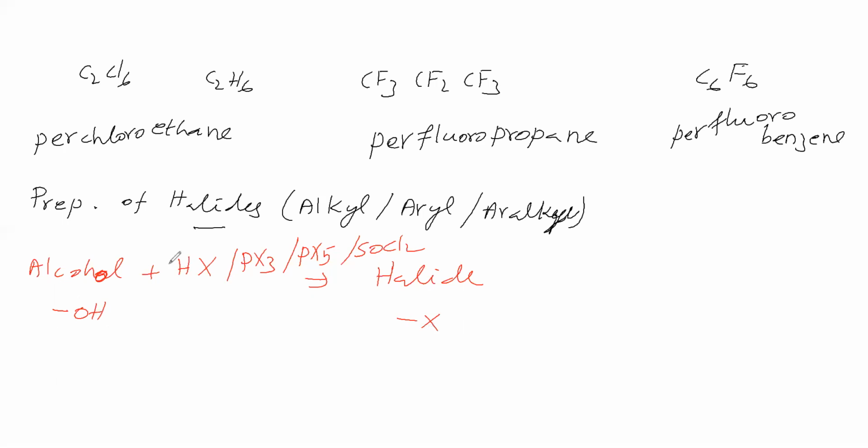First, with halogen acid we'll see. Alcohol with halogen acid, what is the mechanism, that we'll see. Now I am taking alcohol. In the alcohol, oxygen has 2 lone pairs. In the halogen acid, I will take H plus.